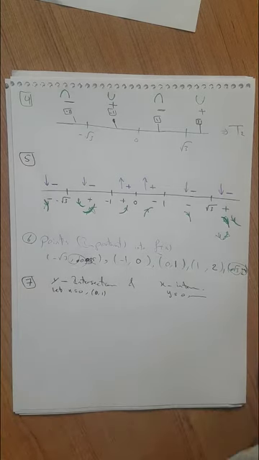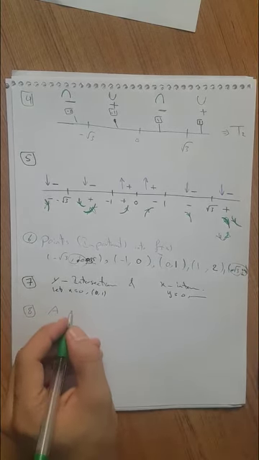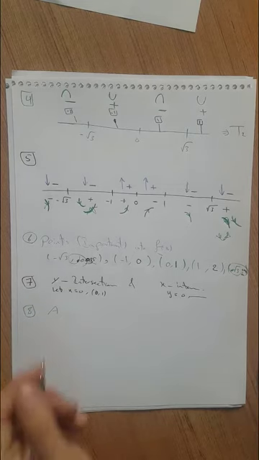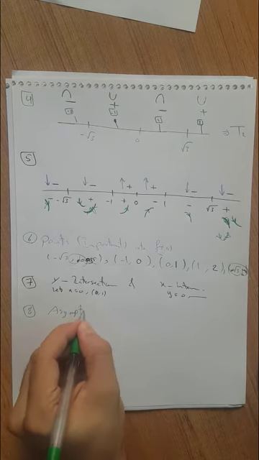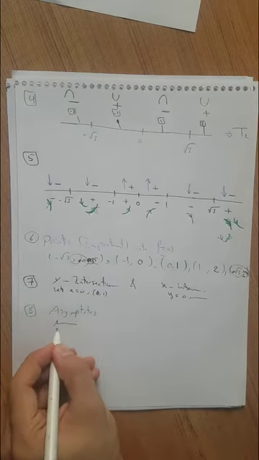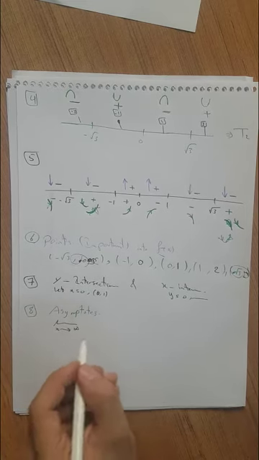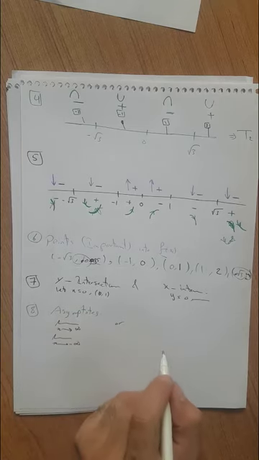Number 8, asymptotes. Asymptotes need us to take x approaching infinity or x approaching minus infinity.